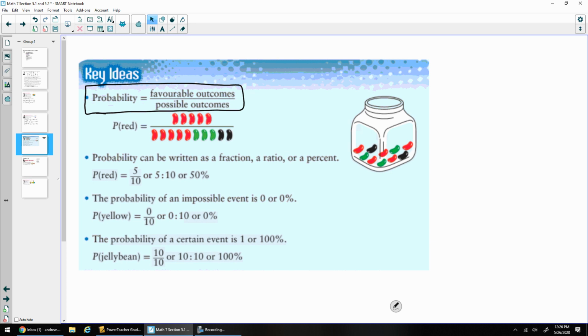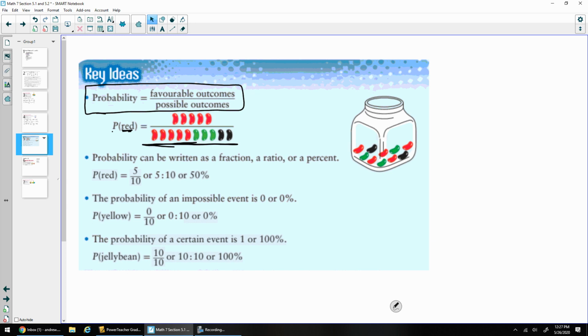If you're looking for the probability of red, P red, you look at how many of those outcomes are favorable, all those red ones, divided by all of the possible outcomes, including those red outcomes as well. So it's not just comparing favorable outcomes to non-favorable outcomes, it's favorable outcomes divided by all possible outcomes.